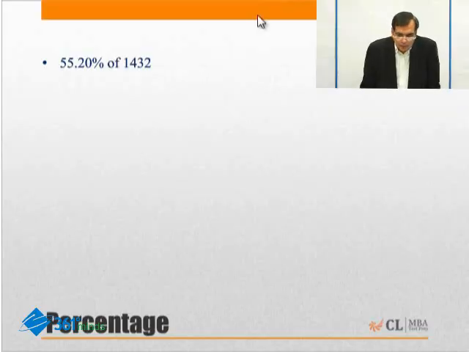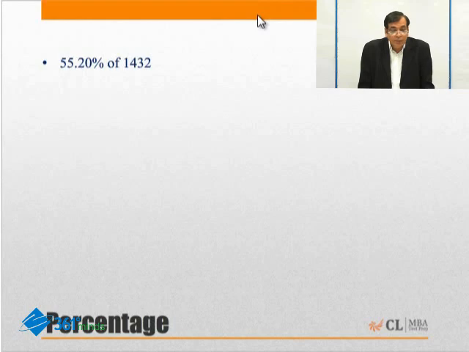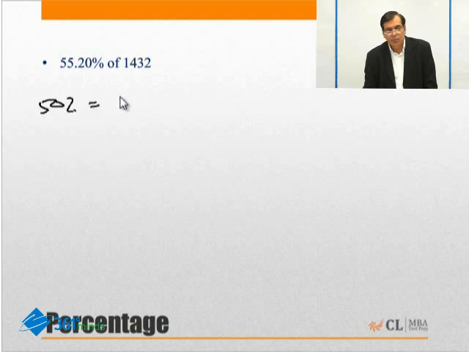Let us look at the next question. 55.2% of 1432. Okay. Should not be difficult. What is 50% of 1432? Let's look at two different ways again for this question. 50% is equal to 716, half of 1432.